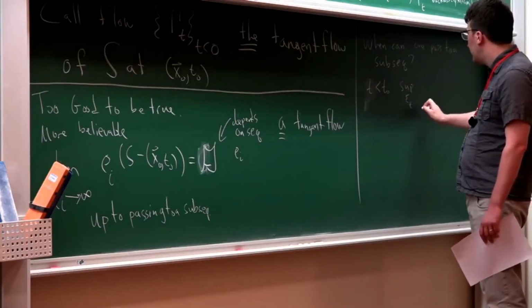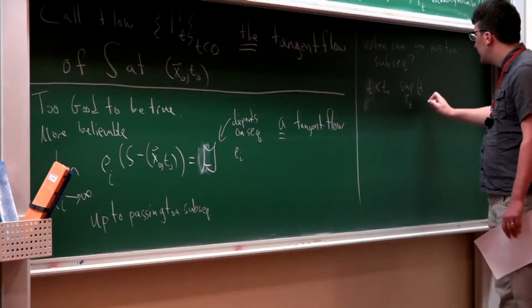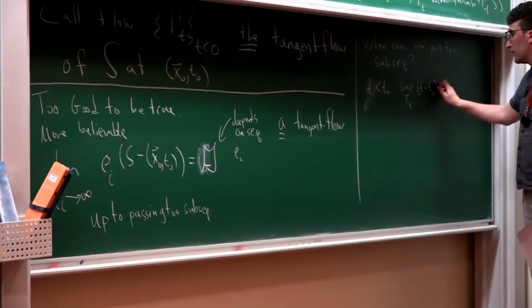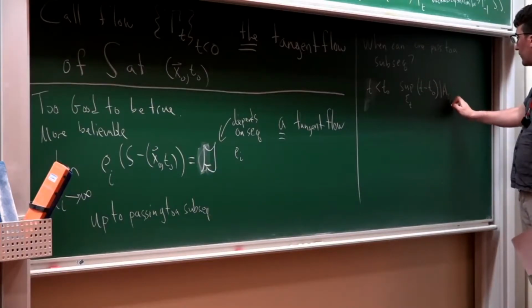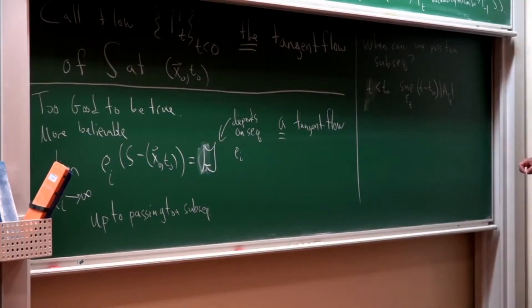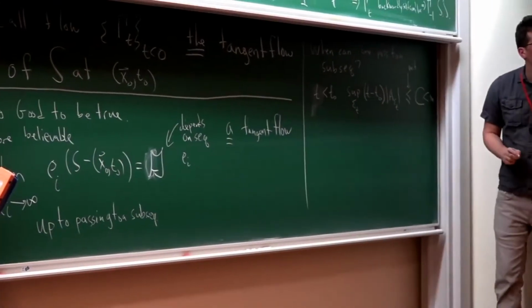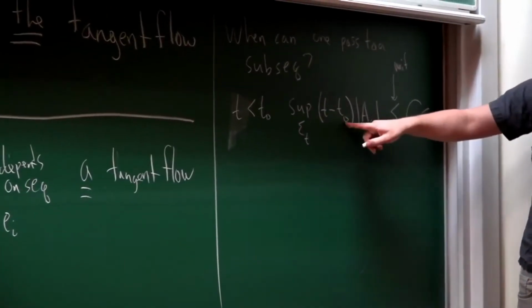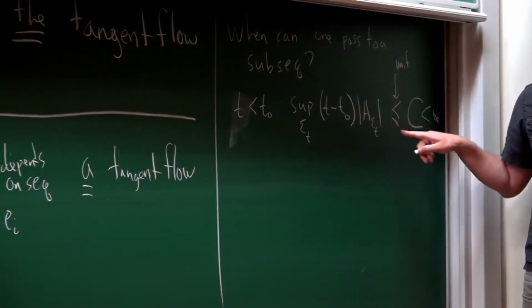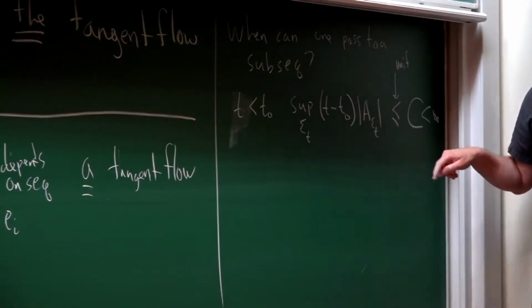the sup over sigma t of t minus t naught times the second fundamental form of sigma t is uniformly bounded by some finite constant. In other words, the second fundamental form is allowed to blow up as you go to t naught, but not allowed to blow up too rapidly.